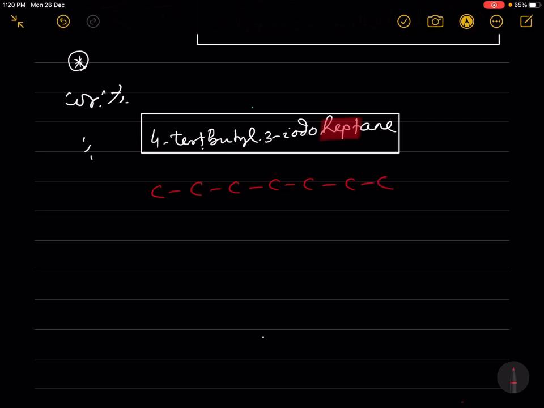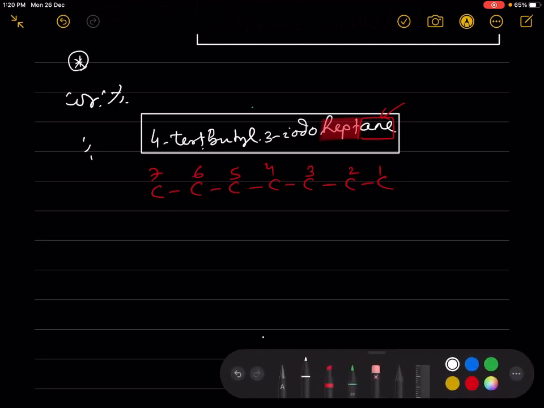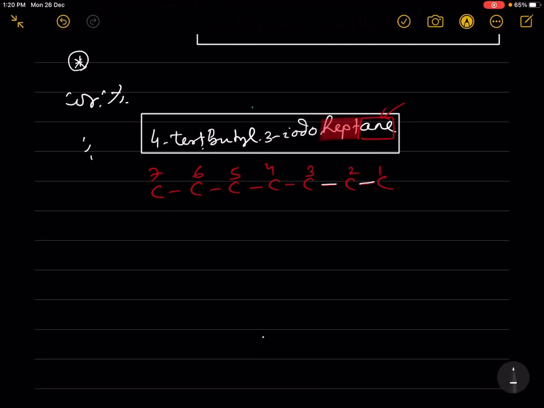And numbering should be done from 1, 2, 3, 4, 5, 6, 7. Hept. Then ane. Ane means carbon-carbon single bonds are there. Heptane. Then iodine is at number 3 position. 3-iodo. Finished. Then at 4 position tert-butyl is there.